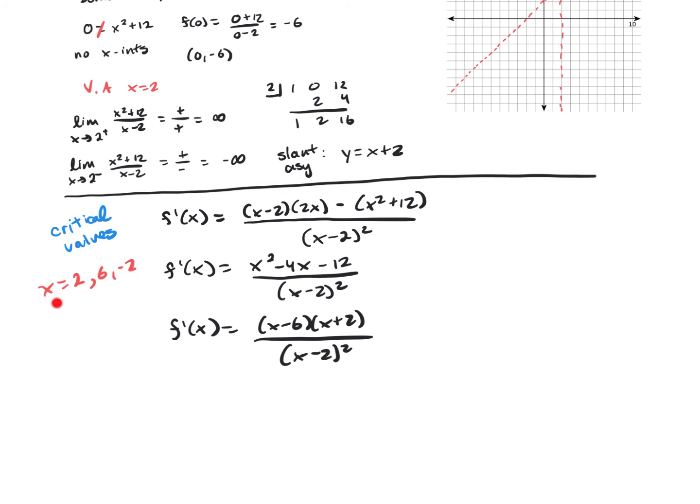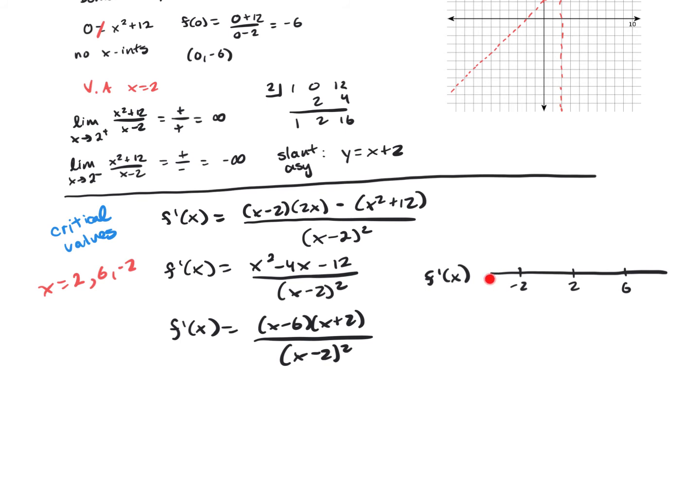So we're going to use these to help us determine intervals of increasing and decreasing. So we do need to do a little sign analysis. Okay, so we have negative 2, 2, and 6. Whenever we're doing our sign analysis, we see that our denominator, because we're squaring it, will always end up positive. So really, we're just looking at these two factors.